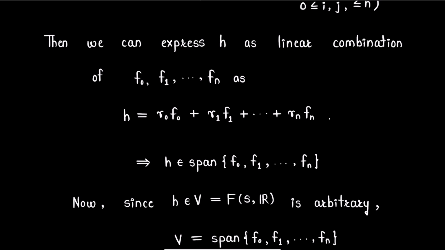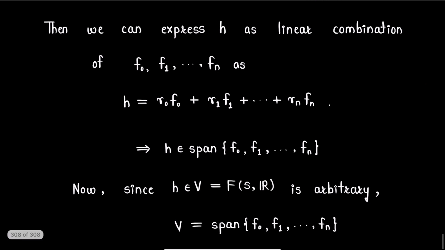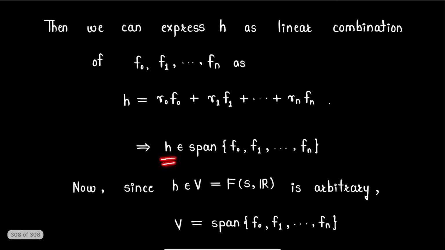So this is the verification for h being the linear combination of f0, f1 up to fn. Now we can verify for all remaining numbers 1, 2 up to n, and therefore h will be an element in span of f0, f1 up to fn.